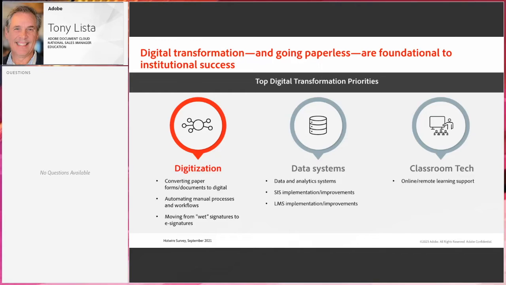So what is digital transformation? It means different things to different businesses and industries. Some think of it as simply converting paper to digital documents. Others think of it as incorporating electronic signatures in the process.